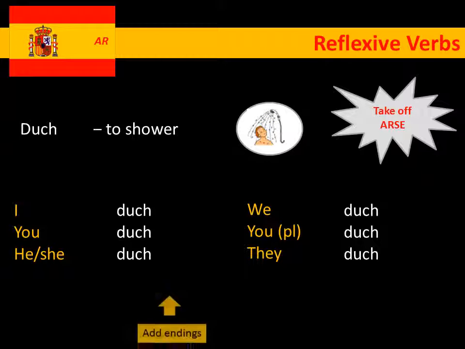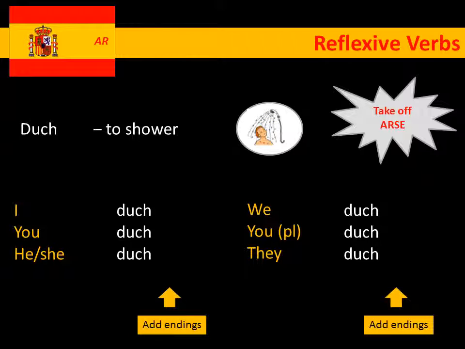Next, we need to be able to add our endings, just like we would do with a normal verb. So we've got ducho, I shower. Duchas, you shower. Ducha, he or she showers. Duchamos, we shower. Ducháis, you plural shower. Duchan, they shower.